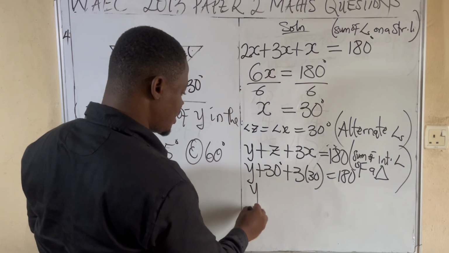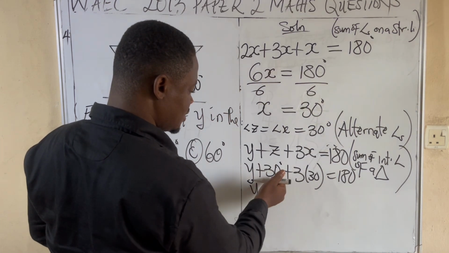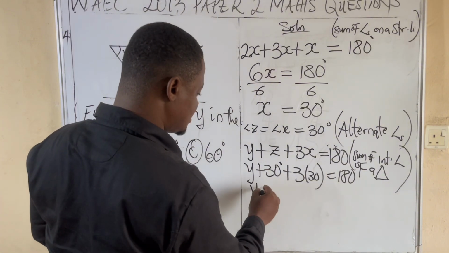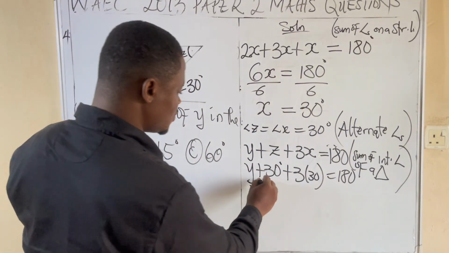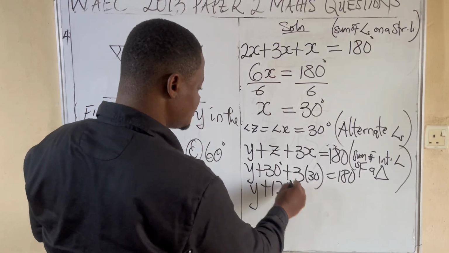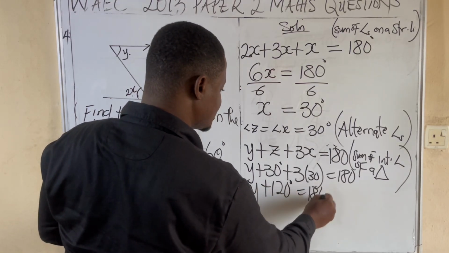So we have y plus 90 plus 30 is going to give us 120 degrees, equal to 180 degrees.